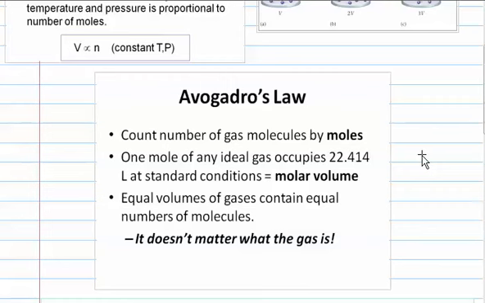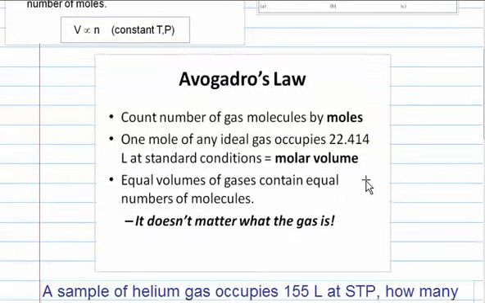So this allows us to identify equal volumes of gases, recognize that equal volumes of gases will contain equal numbers of molecules. And if we define a standard set of conditions that we call STP, which stands for standard temperature and pressure.